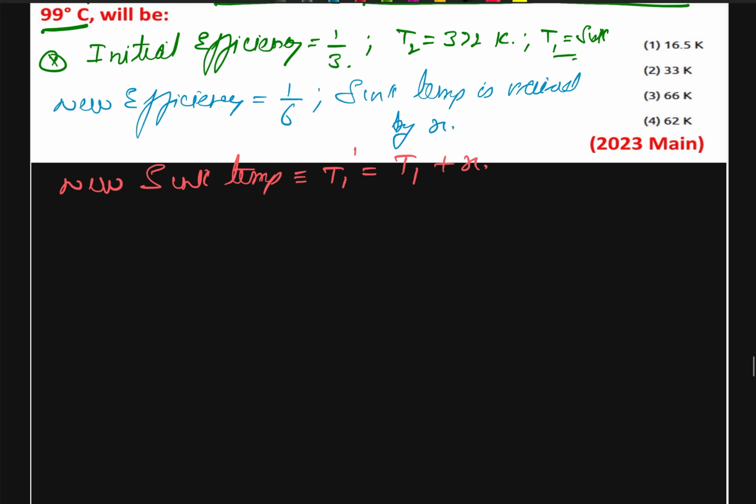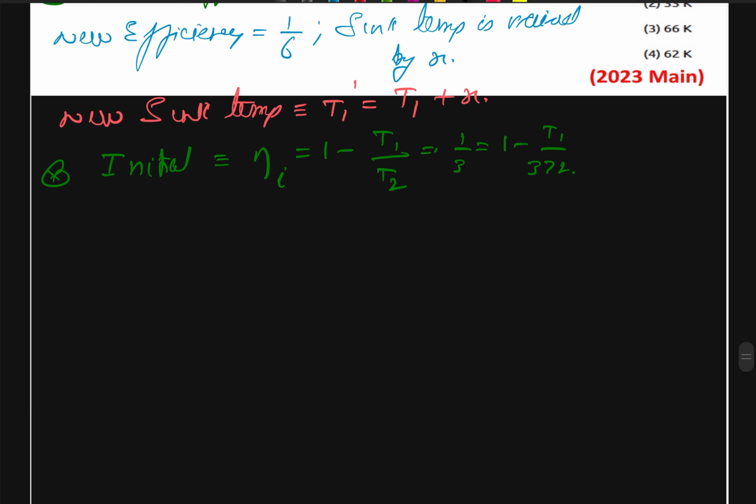Now we can use our formula for the Carnot efficiency. Under the initial condition, our initial efficiency will be equal to 1 minus T1 upon T2, and initial is given as 1 by 3, so 1 by 3 is equal to 1 minus T1 upon 372.